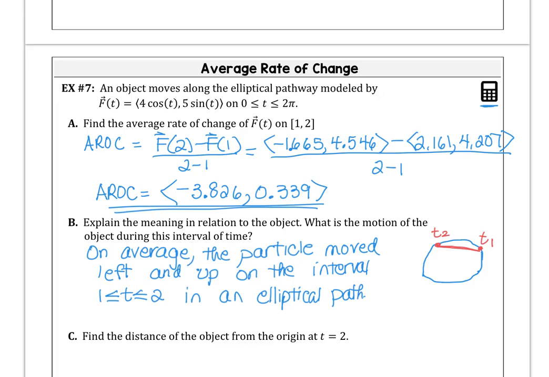You could graph this equation, this vector valued function, on your calculator and verify that.